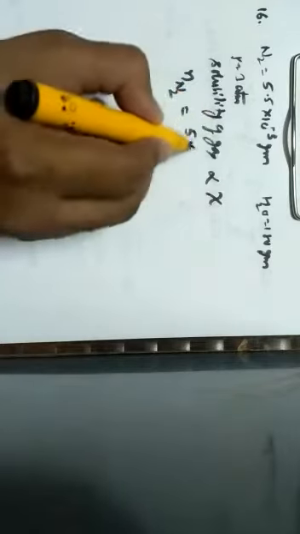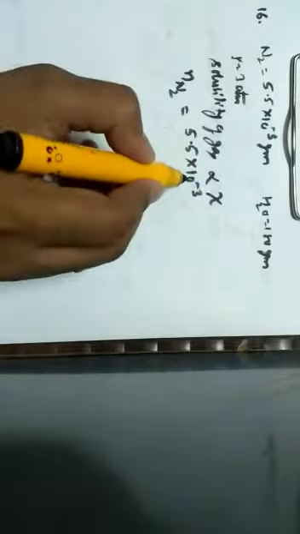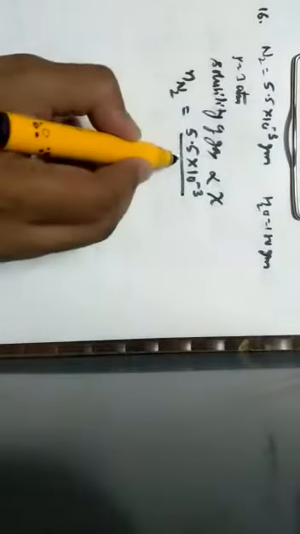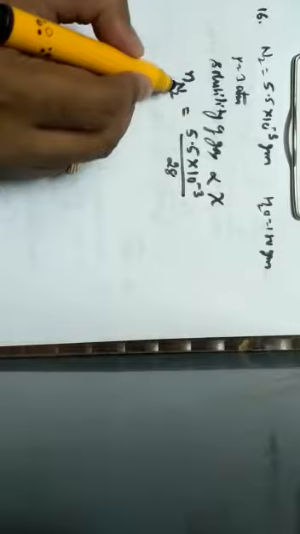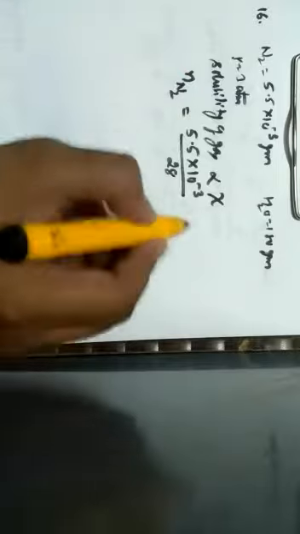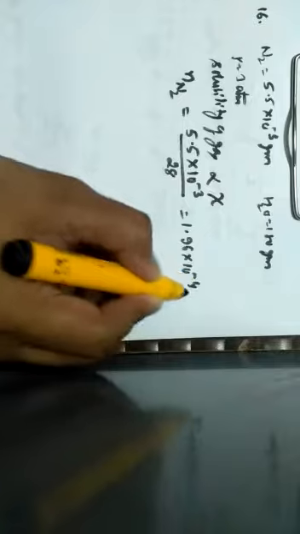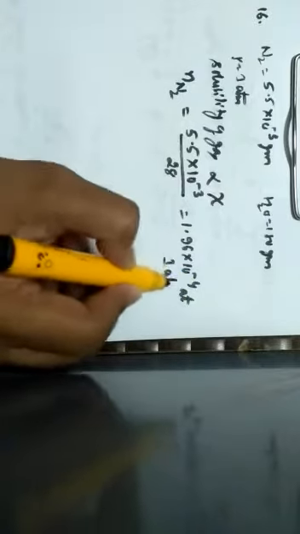With reference to nitrogen, the mass of nitrogen is 5.5 into 10 to the power of minus 3 grams. The molar mass of nitrogen is 14, so N2 is 28. That is equal to 1.96 into 10 to the power of minus 4 moles of nitrogen at how much atmosphere?